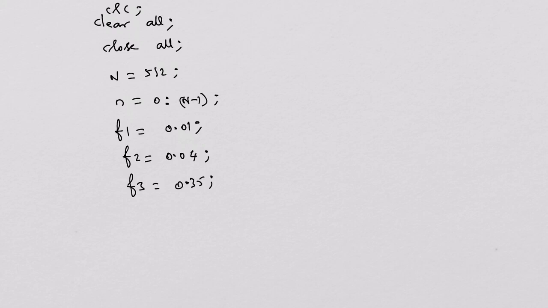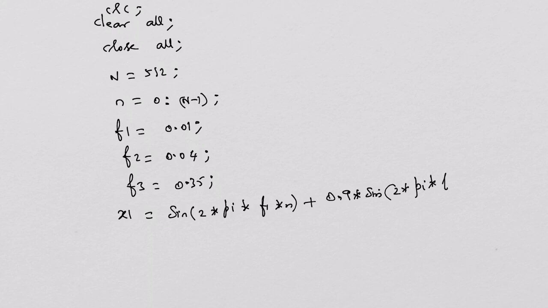Based on this objective, we shall define x1. For example, x1 is equal to sine of 2 asterisk pi asterisk f1 asterisk n as the first component, plus 0.9 times sine of 2 asterisk pi asterisk f2 asterisk n as the second component. What is the third component? It is 0.7 times sine of 2 pi f3 n.